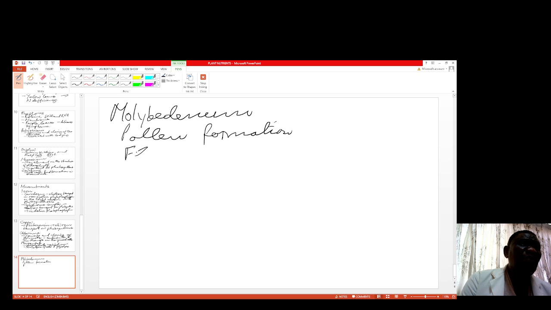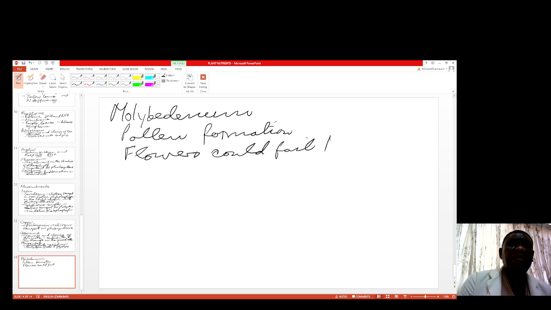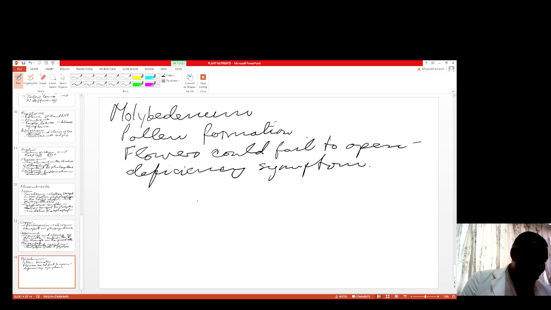Flowers may fail to open. The other one, which has more or less similar symptoms, is boron.